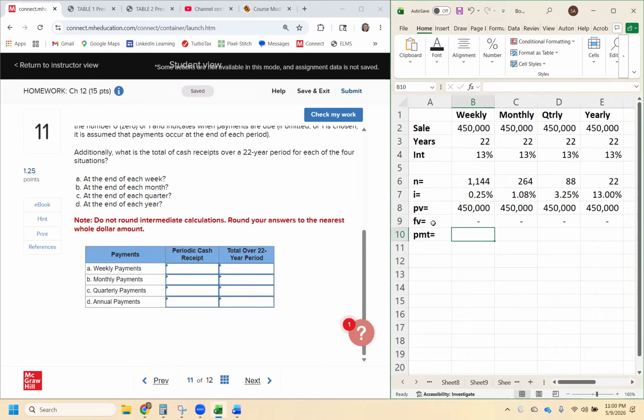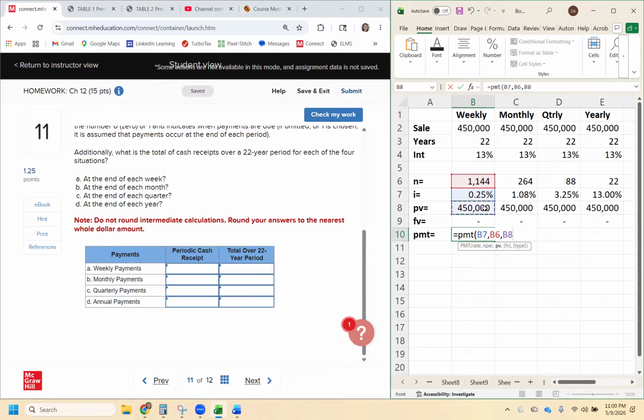Okay, so PMT is the Excel formula that will calculate the amount of the payment given the number of payments, the interest rate, and the present value. So rate is your I. Number of periods, that's how many payments there are.